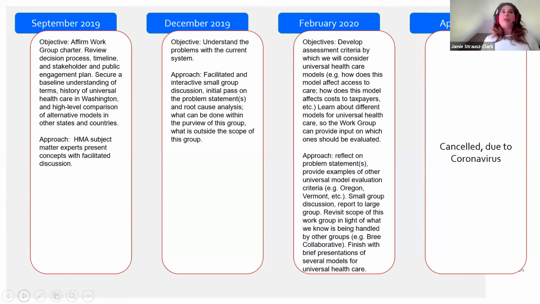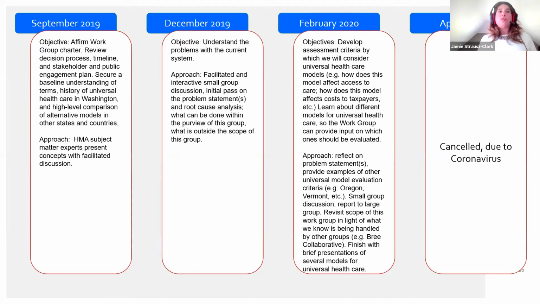I'm just going to very briefly run through our decision process to remind you of where we've been and where we're going, what we're doing today. As you know, in September of last year, we came together the first time as a work group. The main purpose of that meeting was to set the stage for our work together and also to do some level setting and secure the same baseline level of understanding of universal health care and our starting point.